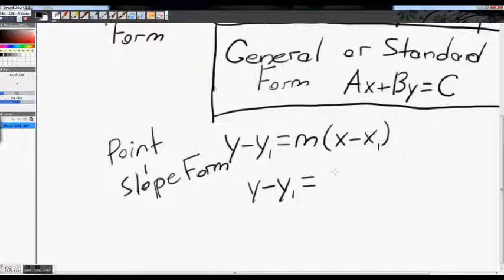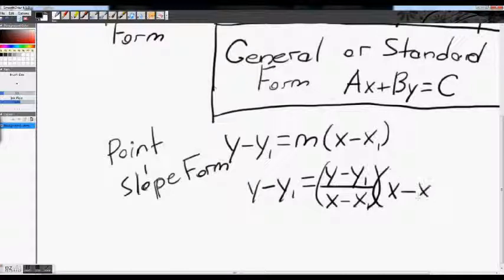Now we know m is y minus y1 over x minus x1. That's the formula. And this is saying that m times x minus x1 will be y minus y1. Well, these would cancel out, and that's what you would have. And this basically states the relationship between changing y and changing x.